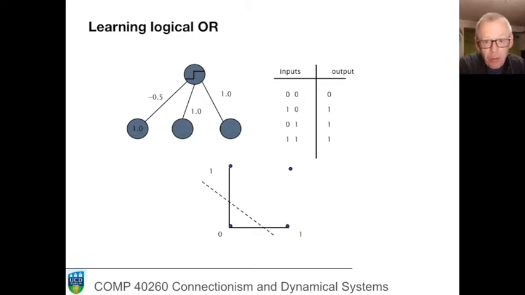That applies if one or both of the input units is 1. The 4 patterns are plotted as before. They're the same 4 patterns, so they lie at the same 4 points. But the dashed line that serves to partition the input space has moved now. If we want to be fancy, we can call that dashed line a discriminant function. Okay, so AND and OR are both very, very simple.